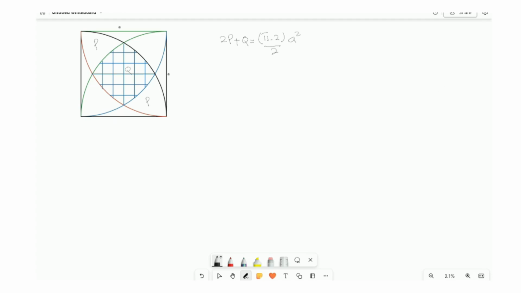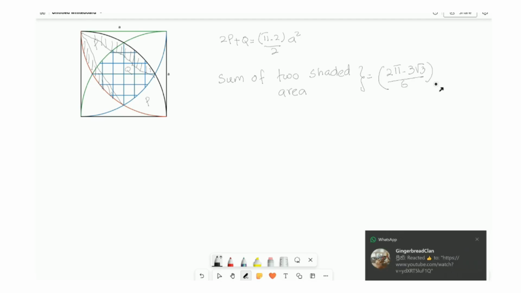And also I have found that the sum of these two shaded areas is equal to, I will write, the sum of two shaded areas is equal to (2π − 3√3)/6 a².